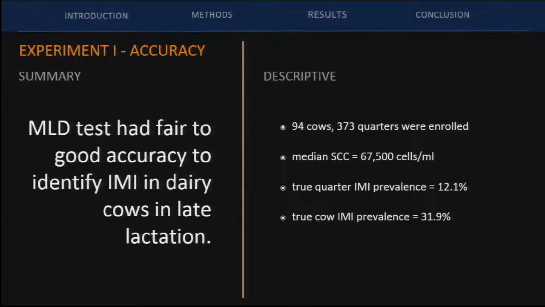That study was on 94 cows, a total of 373 quarters. The median somatic cell count in these quarters was 67,500 cells per ml, and the true intramammary prevalence by the bacteriological culture results was 12%, and at the cow level was 32%.